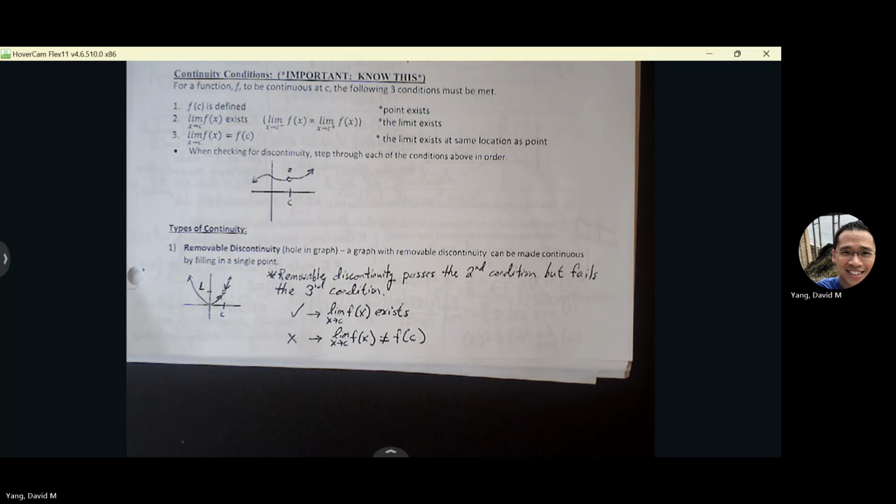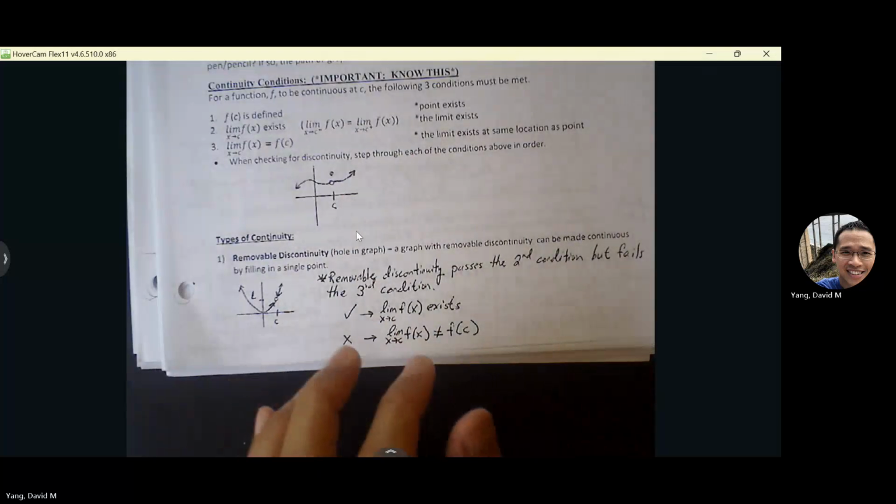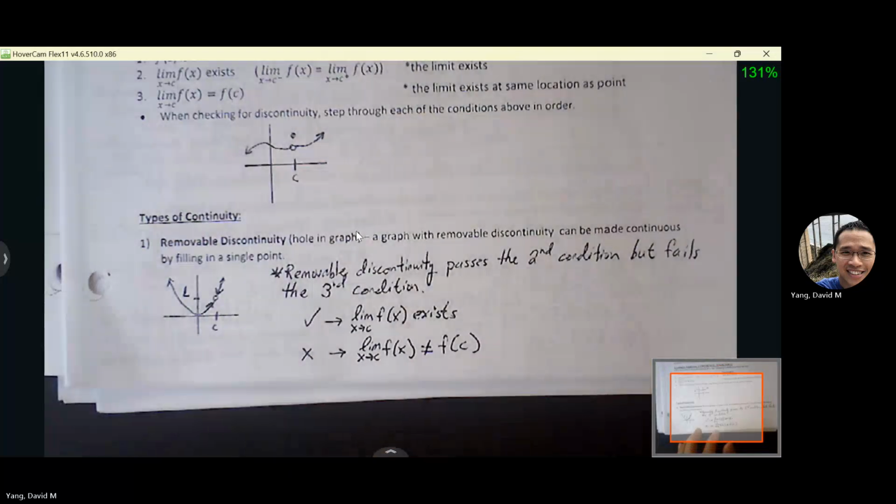I'll zoom in on that. Removable discontinuity passes the second condition but fails the third condition.